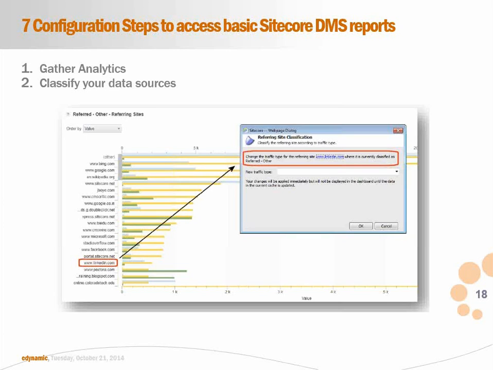We need to change the connection string on the authoring environment, pardon me for being a little more technical, pointing to the production analytics database, and thus it will start showing the analytics data from production in the content authoring environment. Let me repeat this one more time: we need to change the connection string on the authoring pointing to the production analytics database, and thus it will start showing the analytics data from production in the content authoring environment.